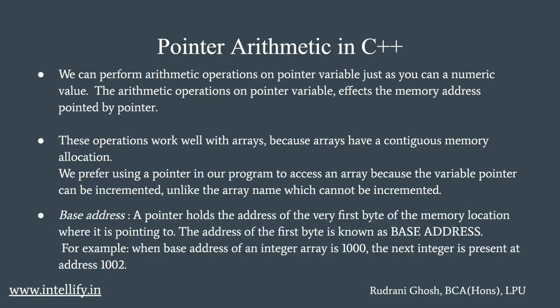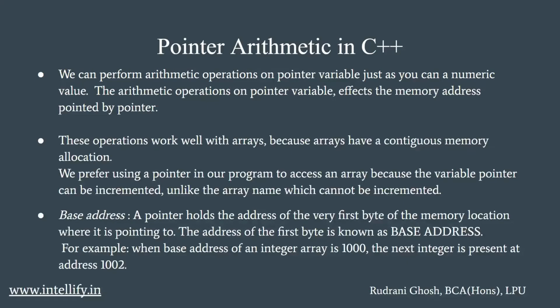For example, when the base address of an integer array is 1000, the next integer is present at address 1002 because the size of one integer is 2 bytes. So if the first element is at 1000, the second element will be at 1000 plus 2, that is 1002.